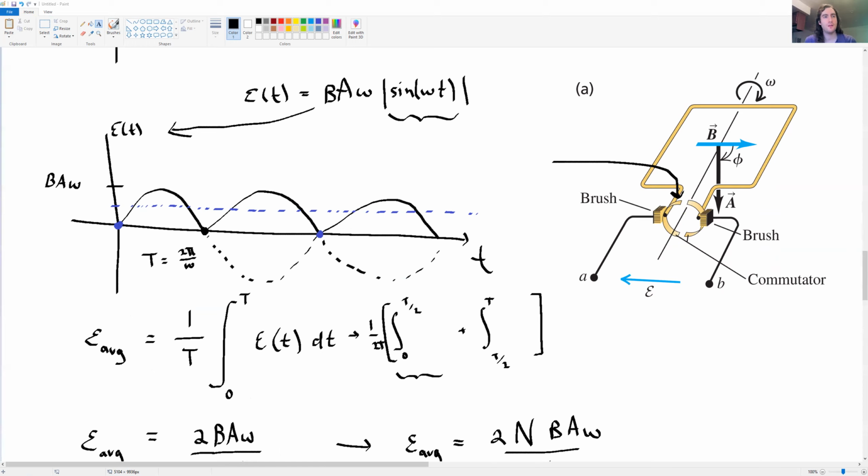The thing at the bottom, the brushes which are making contact with these circular rings, that's called a commutator. That's what allows the voltage to stay the same sign. It breaks the connection and then reconnects in the opposite direction so that the minus becomes a plus. When we do that, we get a DC voltage, and it's always the same sign.